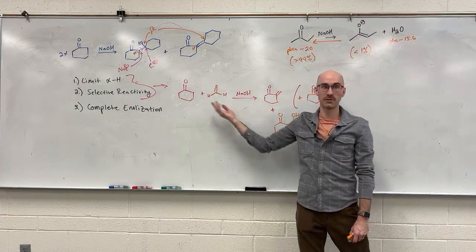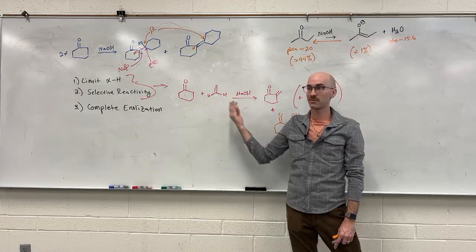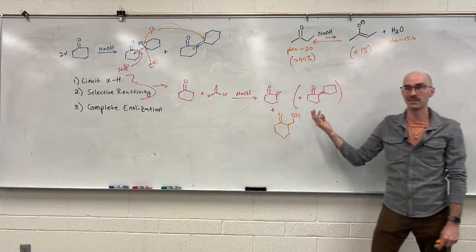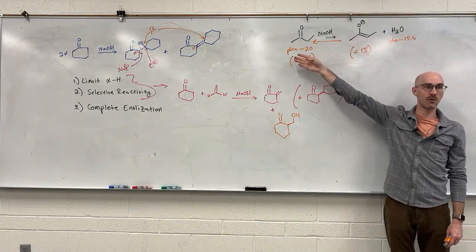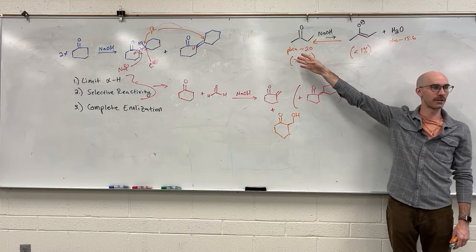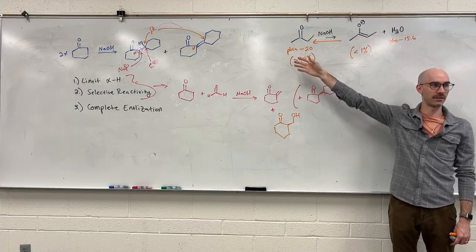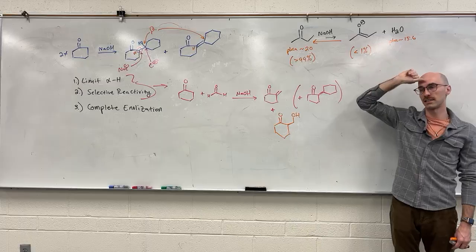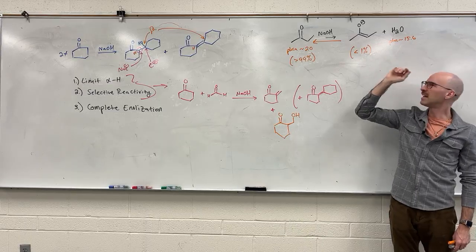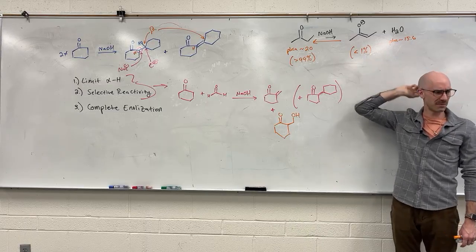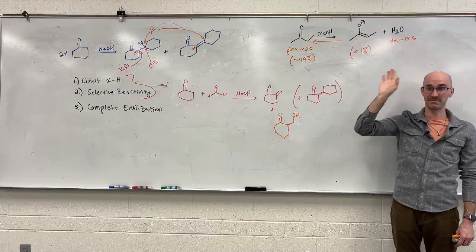So in terms of trying to mitigate cross-aldol reactions, it's swimming in a world of all other carbonyls, all other electrophiles. 1% enolization, not great here. In fact, I want to say maybe more, like 10%, still not great.